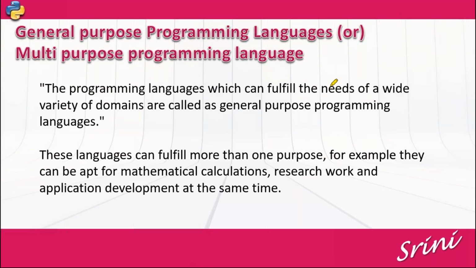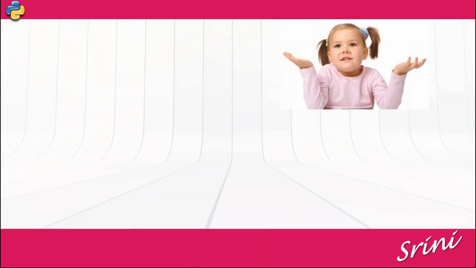The programming languages which can fulfill the needs of a wide variety of domains and technologies are called general purpose programming languages. Python is a general purpose programming language. So ultimately our question is, for what purpose can we use Python? Why do we use Python? What are the Python application areas?